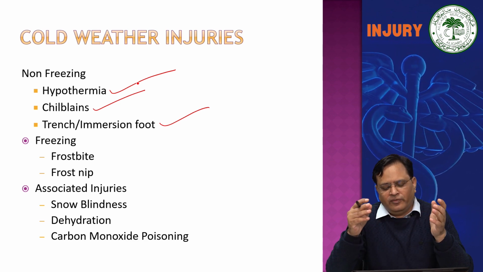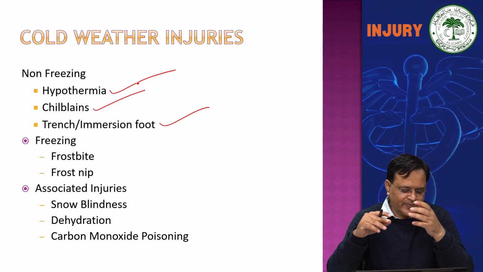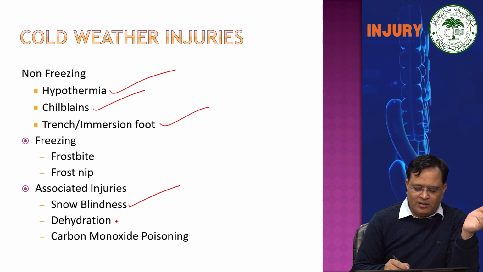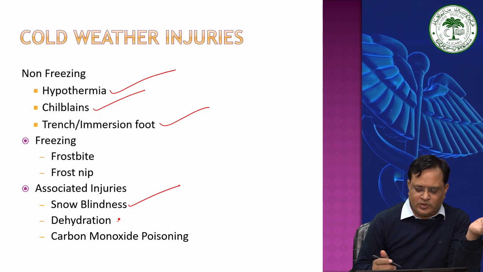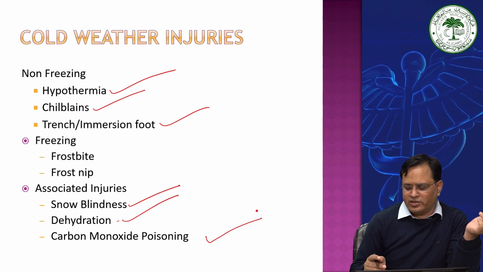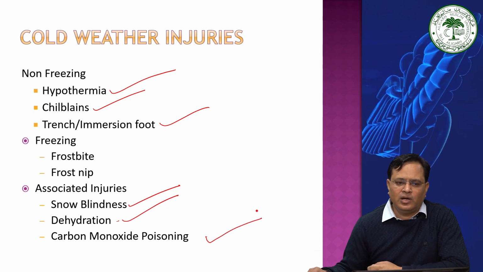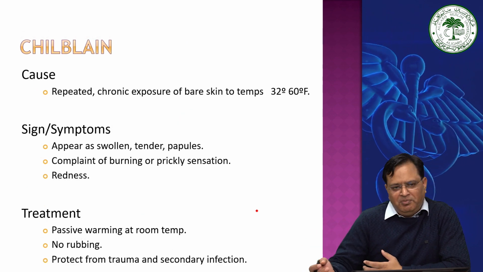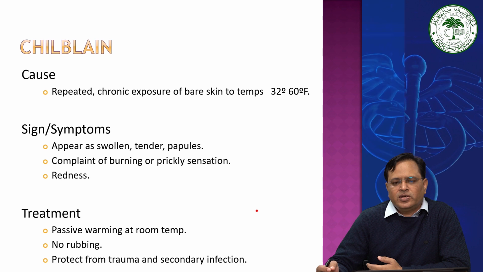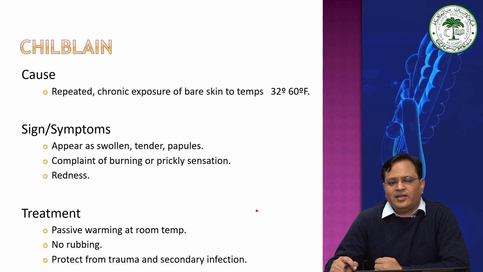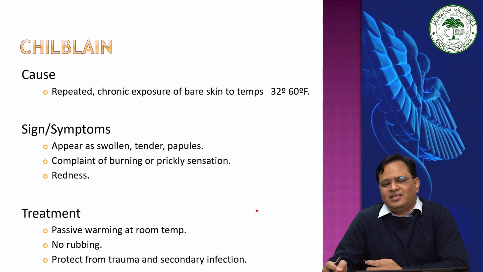Freezing conditions cause frostbite, frost nips and associated injuries. Snow blindness sometimes happens, eyes can turn white, dehydration can develop, and carbon monoxide poisoning can happen in closed areas. Chilblain is repeated chronic exposure of bare skin to temperatures of 32 to 60 degrees Fahrenheit.